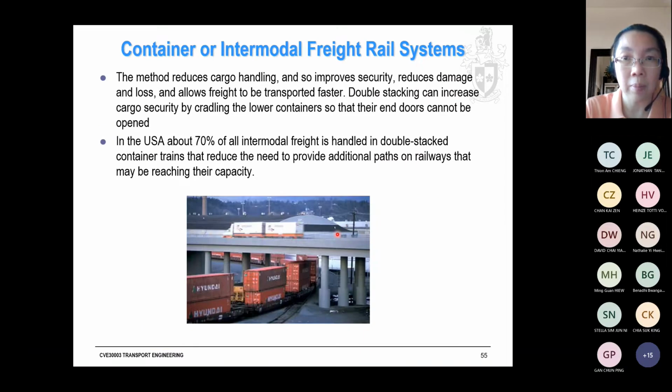Okay, so an issue with this is that you need to have sufficient clearance. The facilities provided need to have sufficient clearance for double-stack containers to pass through.